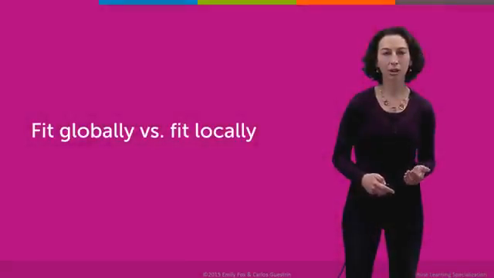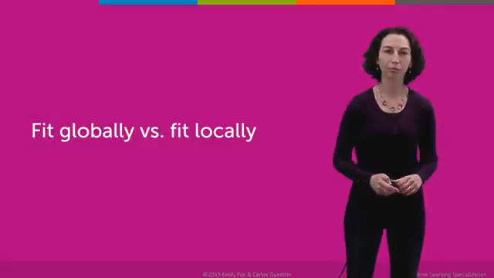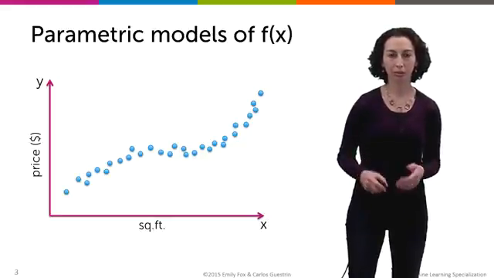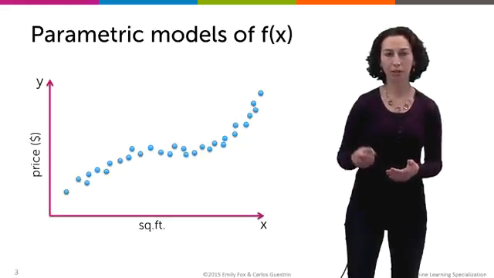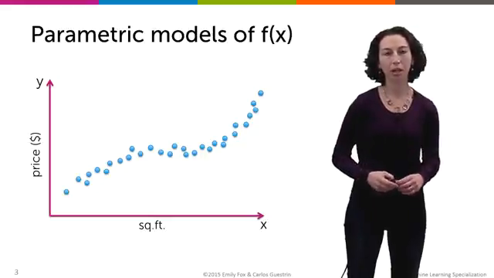To start with, let's talk about this idea of fitting a function globally versus locally. So let's imagine that we have the following data that represent observations of houses with a given square feet and their associated sales price.